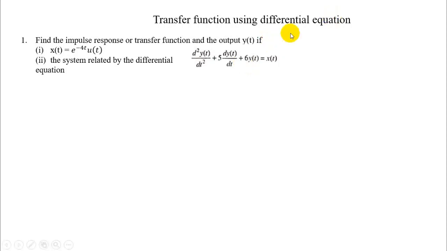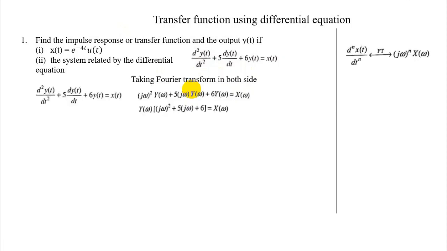So here the second order differential equation represents the system. It would be better if we say the system is related by the differential equation, and I will discuss more later.